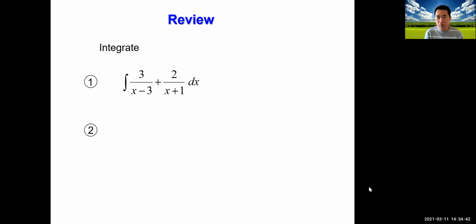If you recall from, I think, 8.1, we have the technique u prime over u. By now you should know the formula: the integral of u prime over u is the natural log of the absolute value of u plus a constant.